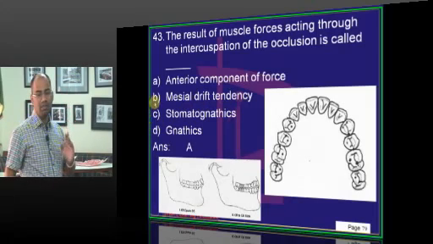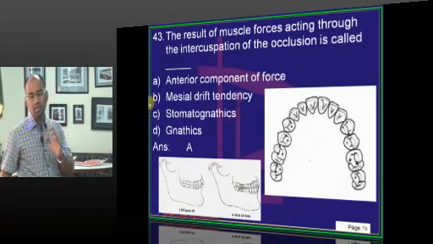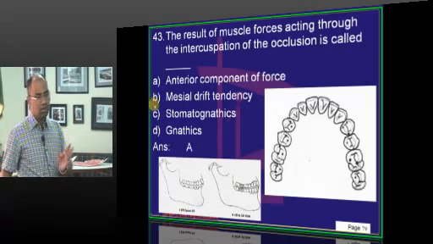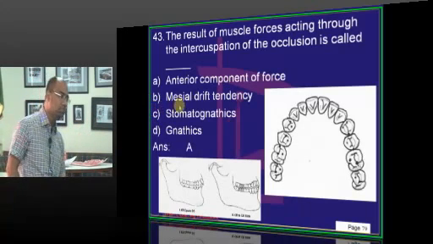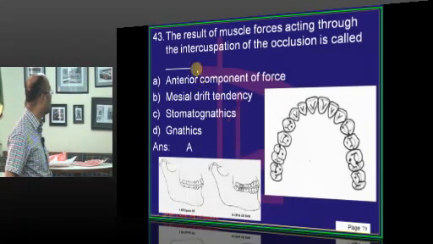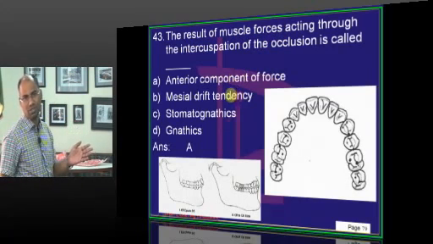See, mesial drift is a physiological mesial migration which is inbuilt in the tooth because of the inclination of the teeth, because teeth erupt mesio-occlusally. So that is a physiological mesial drifting. But the result of the muscle forces acting through the intercuspation of the occlusion generates the anterior component of force. Okay.